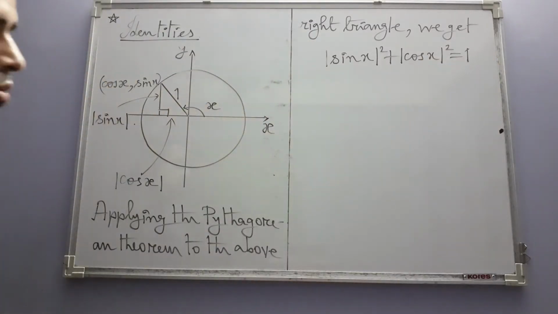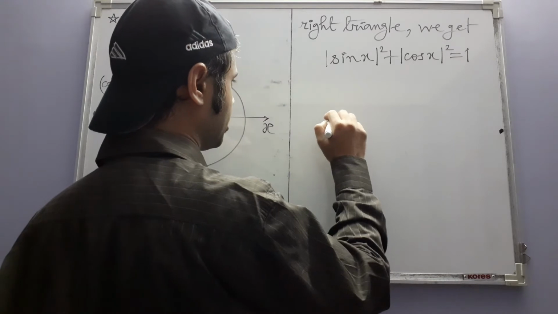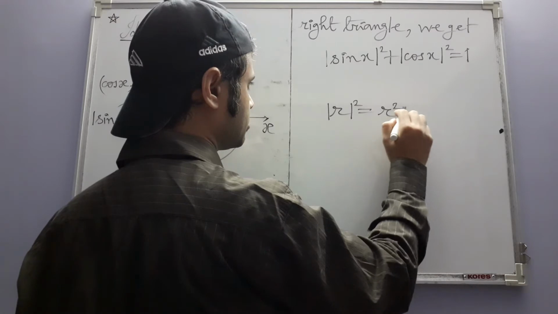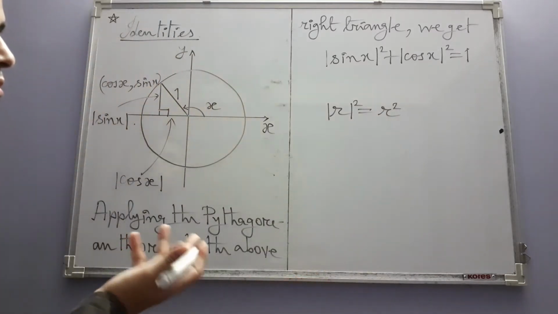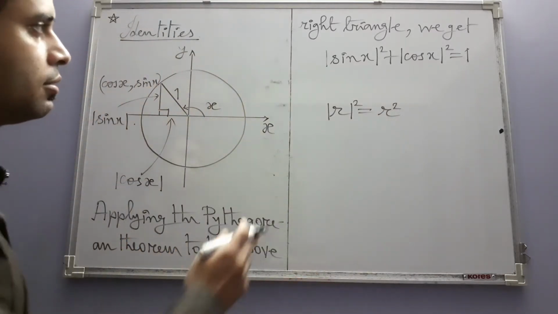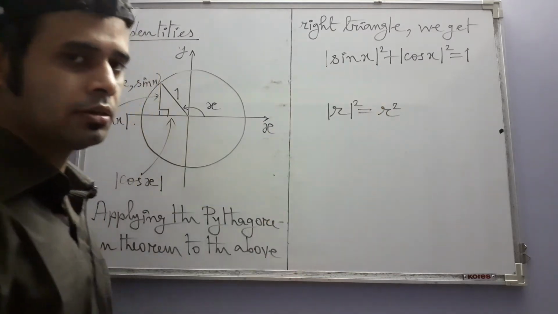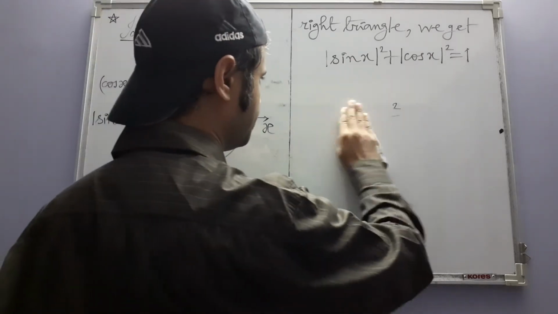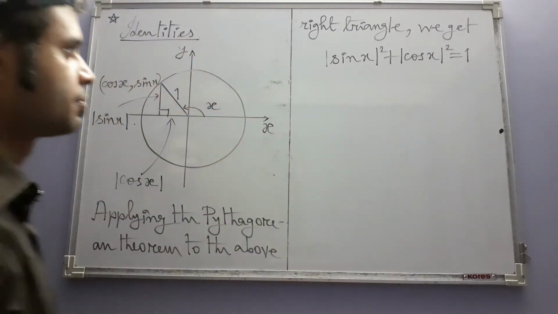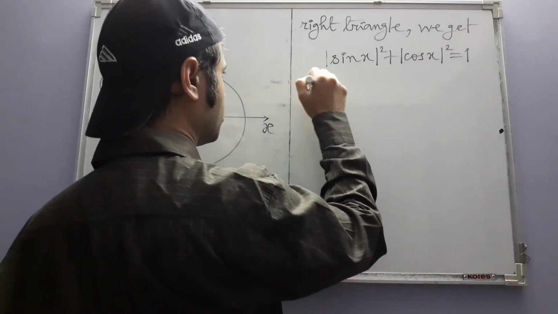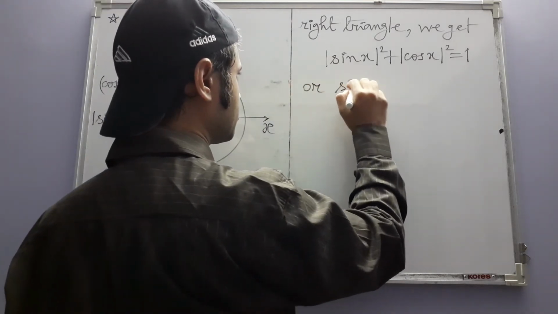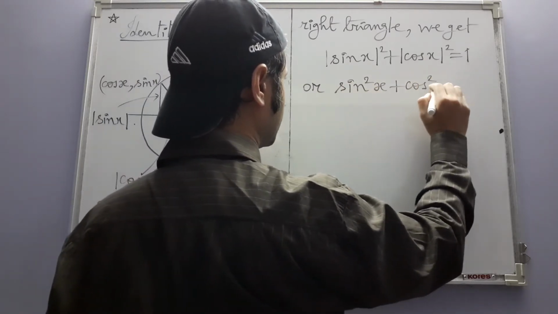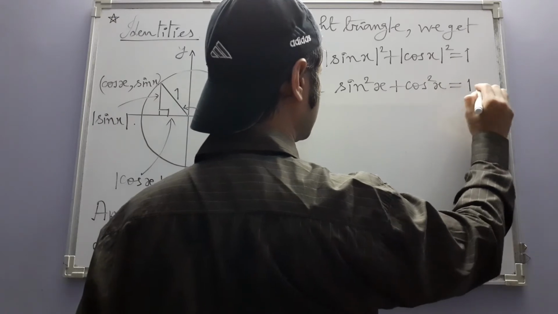Now because we know that for any real number r, the square of the absolute value of r is just equal to the square of r, you can get rid of the absolute values and have the formula that you already know very well: sine squared x plus cos squared x equals 1.